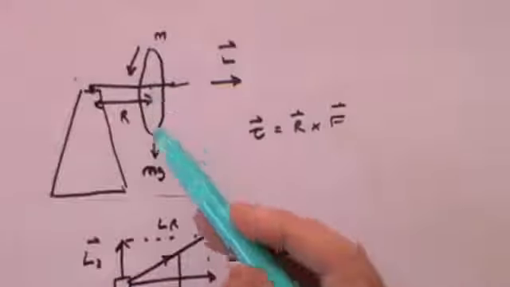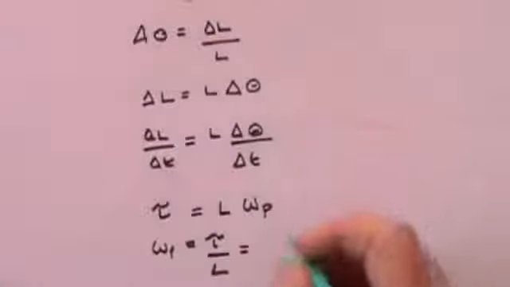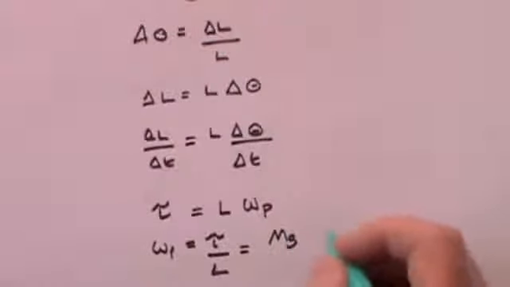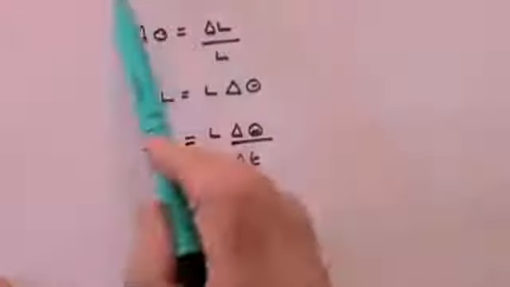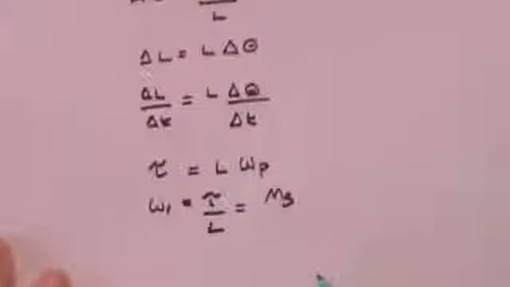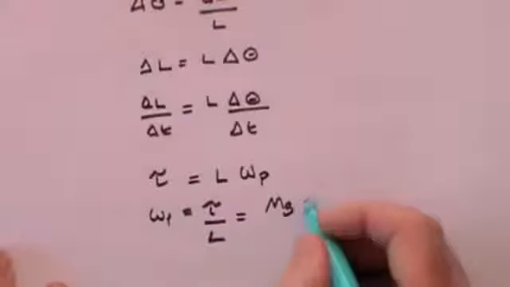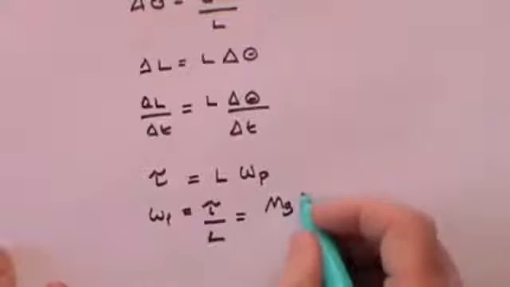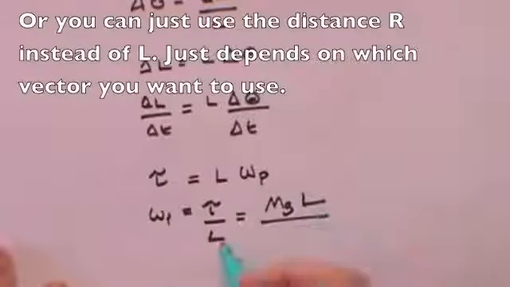If we go all the way back up here, we can see that the force is mg and the distance is r, that is the distance to the pivot point. So tau is mg times, and in this case, of course, we can regard that distance as r, divided by L, the magnitude of the angular momentum vector, which is I omega.